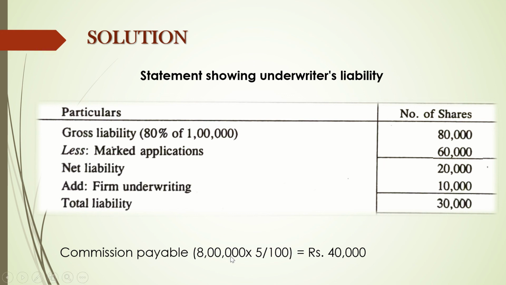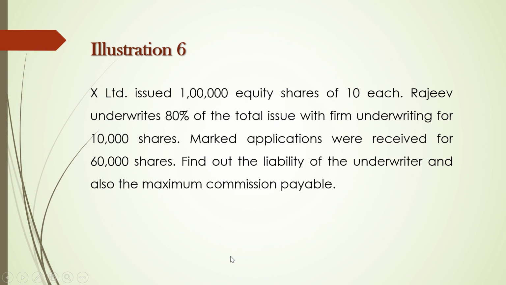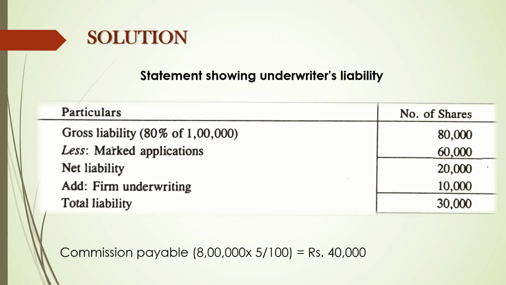So 8 lakh into 5 by 100. In case of equity shares underwriting, we know that the rate of commission payable is 5%. We have already seen this provision. So 8 lakh into 5%, rupees 40,000 will be the commission payable to Mr. Rajiv. I hope that's clear.